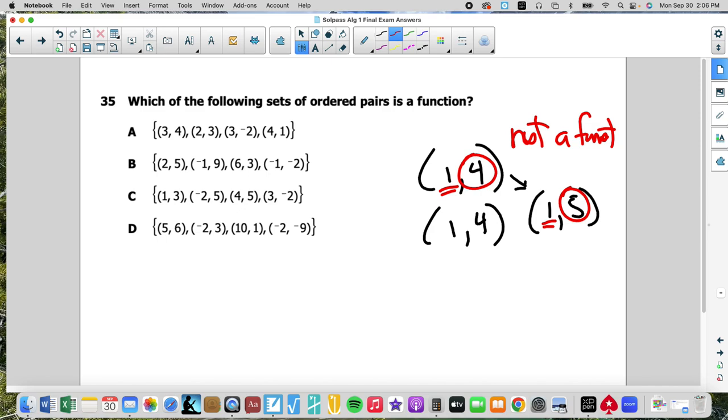A function has every unique x with one and only one unique y. So I'm going to look for where they're inputting the same number but getting different outputs. That's not it. Here there's no repeated plug-in, and we have no different outputs. So I know it is here. Even though we can't see if we plugged in 1 again, we better get 3 though. So that would be C for 35.